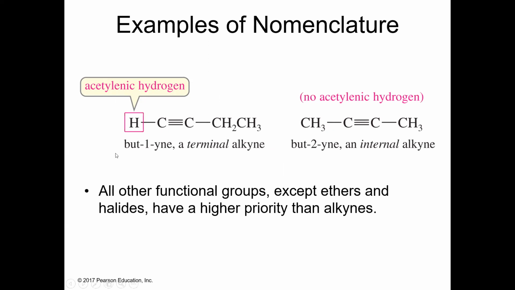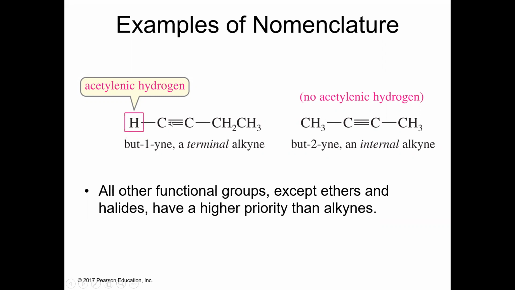So here we have 4 carbons. The triple bond is between 1 and 2, and so this is called but-1-yne. It is a terminal alkyne. The triple bond is at the end of a chain. A terminal alkyne has an acetylenic hydrogen, which we'll talk about shortly.